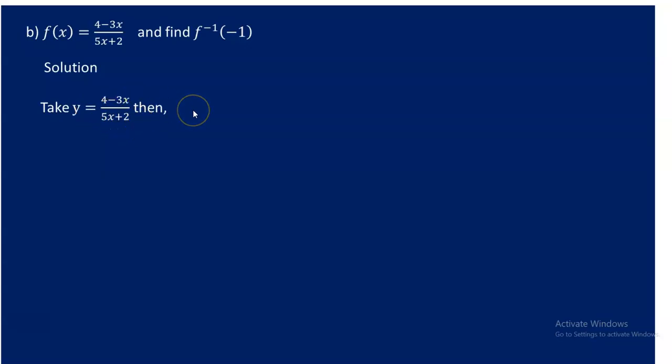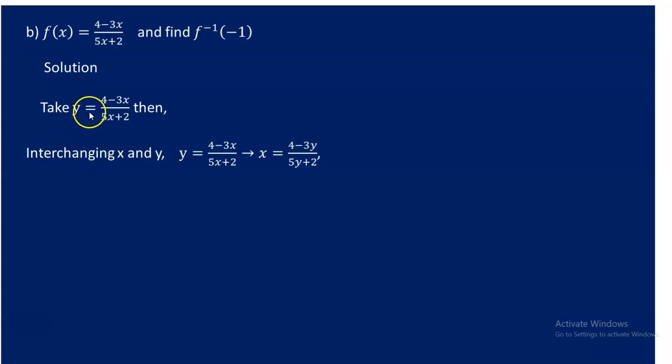Then, as we did before, we have to interchange x and y. Whenever we interchange x and y, it was this, the equation was this. Now in place of y, have x, and in place of x, take y: x equals 4 minus 3y over 5y plus 2.